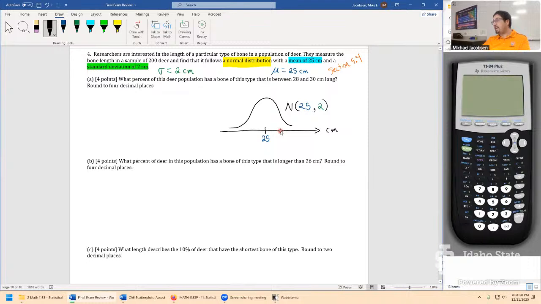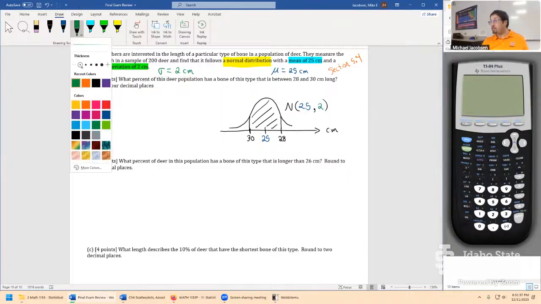We're asking about 28, so slightly right around here is 28, and then symmetrically to the left, right about here is 30. In terms of centimeters, we said between 30 and 28. So this area right here answers the question of the percent we expect to have that length for that bone.